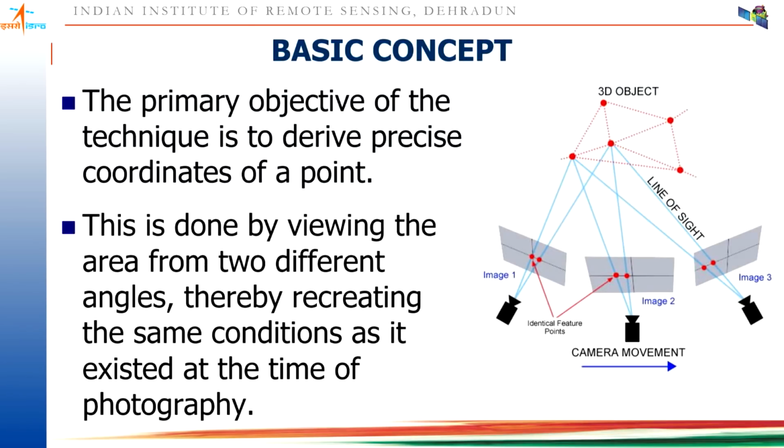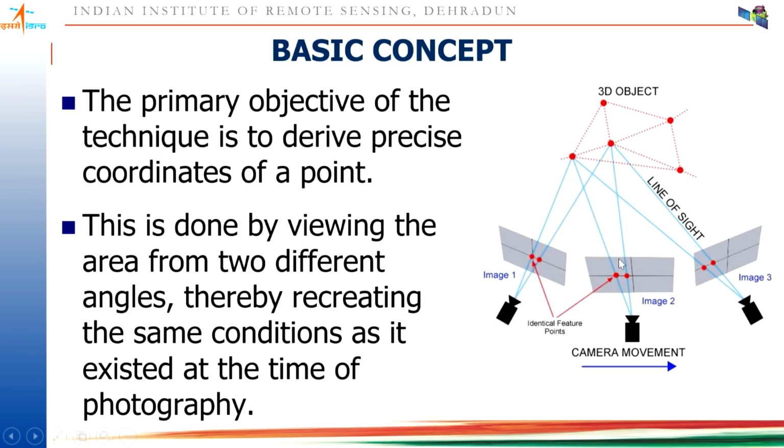Now coming to the basic concept of photogrammetry. We are talking only about metric photogrammetry. As we have already discussed, the primary objective of our technique is to derive precise coordinates of a point, precise three-dimensional coordinates of a point. How is it done?